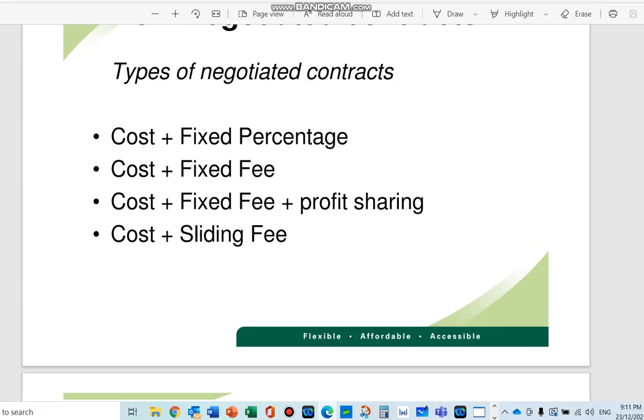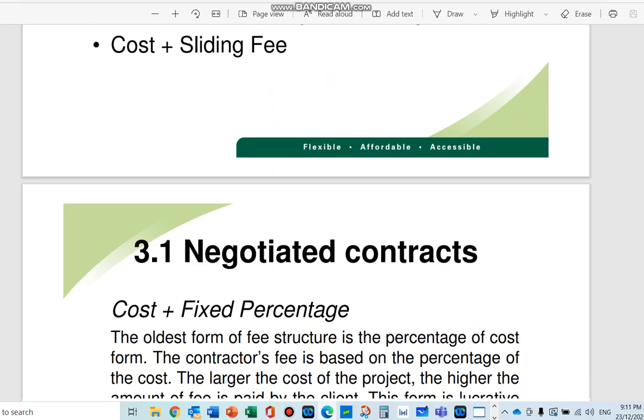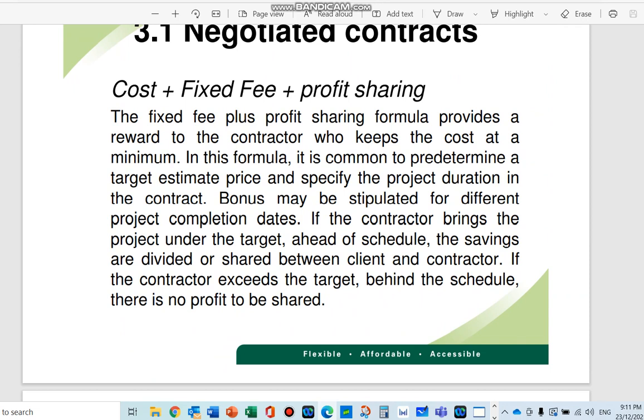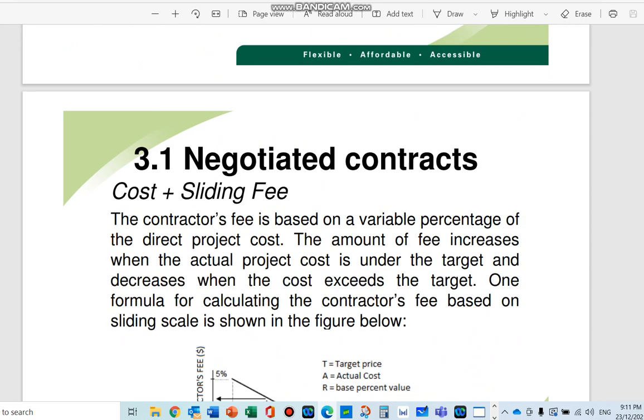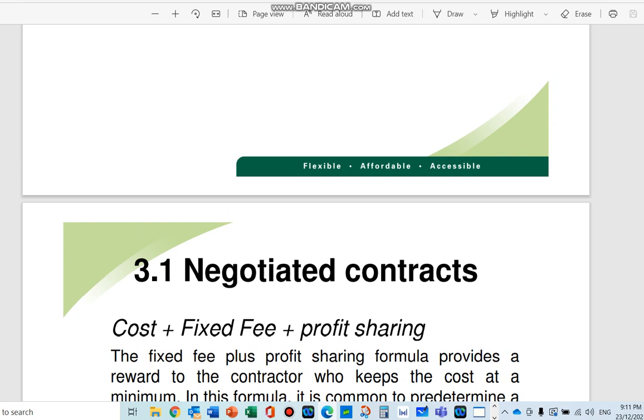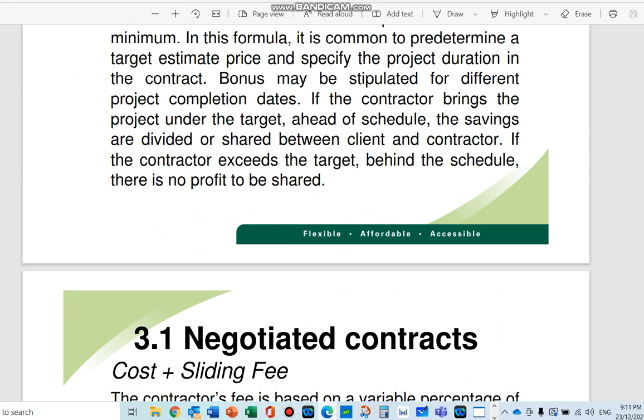When we have cost plus some sort of incentive, these are all cost plus. So this is cost plus profit sharing, and sliding fees. This part here explains cost plus a little bit more. It's a combination between cost plus and incentive.